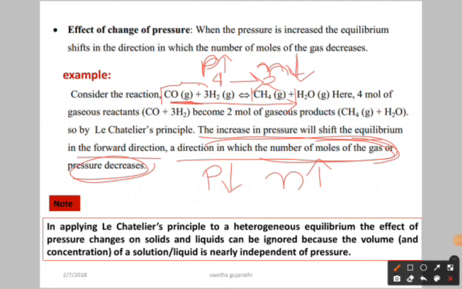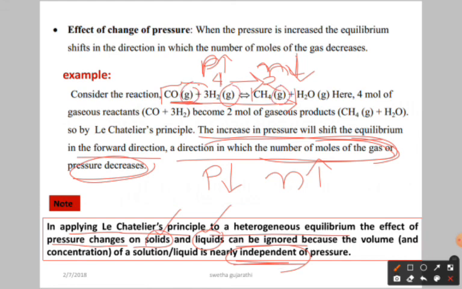Here we have one important note in Le Chatelier's principle: for a heterogeneous equilibrium, meaning we have different phases, the effect of pressure change on solids and liquids can be ignored. As you know very well, solids and liquids are independent of pressure, and we do not consider the pressure effect on them, whereas gases have a greater pressure effect.